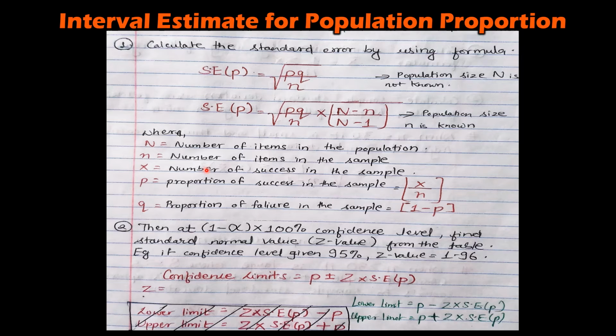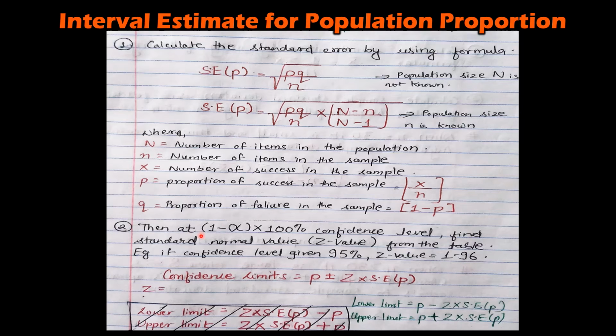X is the number of successes in the sample, whereas P is the proportion of success in the sample, which is obtained by dividing X by n. Q is the proportion of failure in the sample, which is equal to 1 minus P.